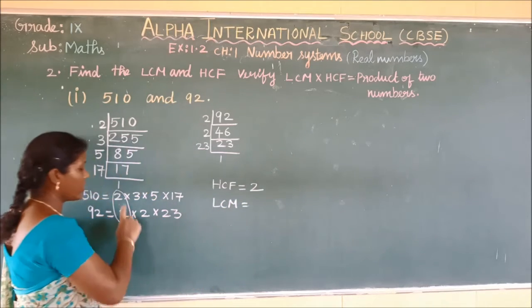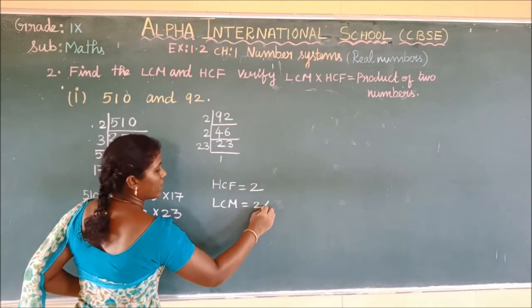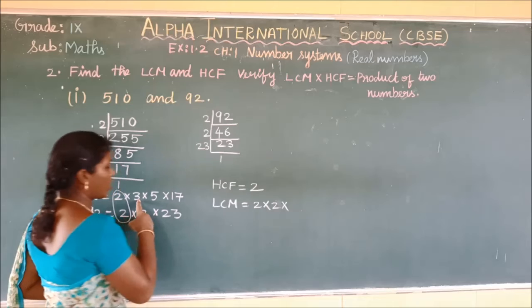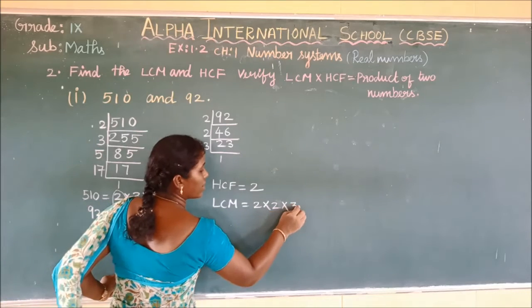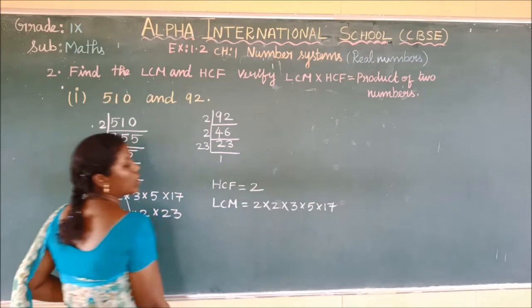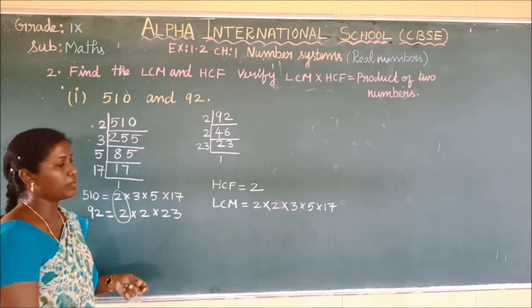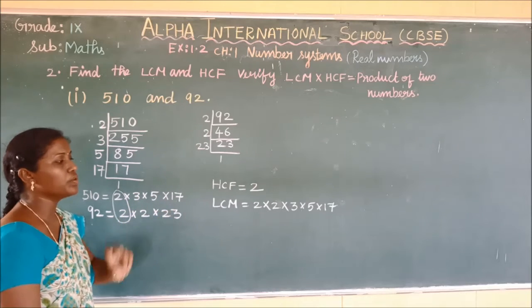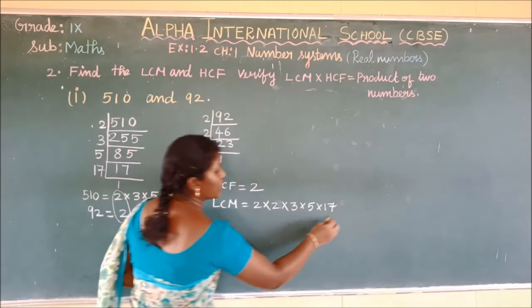LCM, what are the numbers we are having? 2 into 2 into, in order we are having 3 into 5 into 17. All the factors are taken for the LCM here. So 2 into 2 into 3 into 5 into 17 into 23. Forgot 23, no?